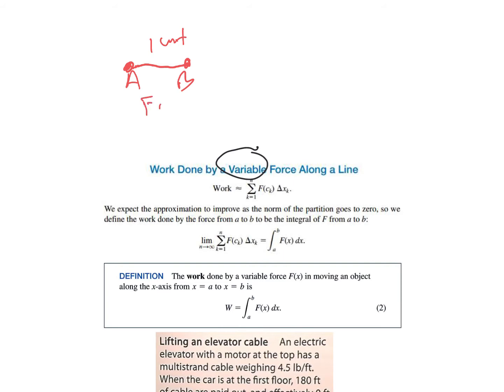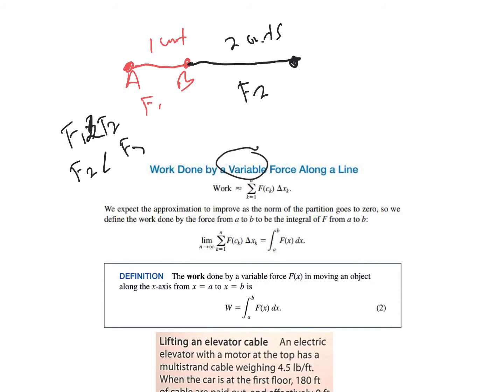Then you decide to move the object more and apply a different force, F2, and maybe the distance was 2 units. F1 is less than F2, and F2 is less than F3. So you go another distance, maybe 5 units, with a lesser force than F2, to point C.